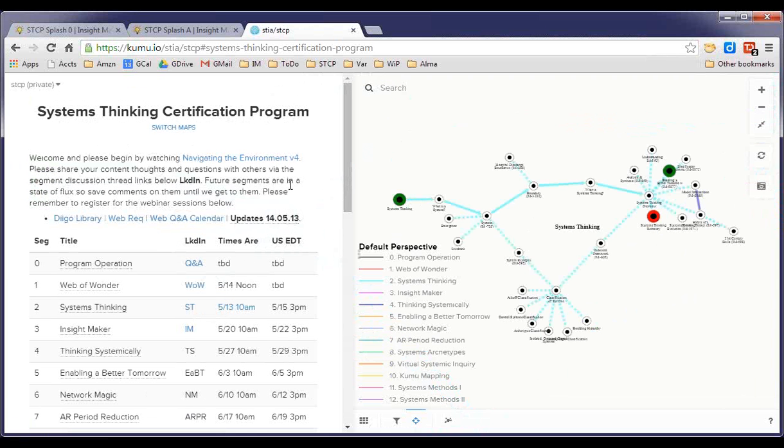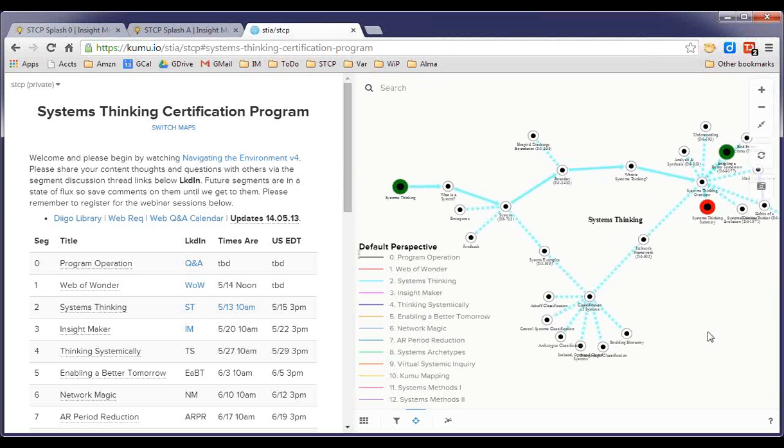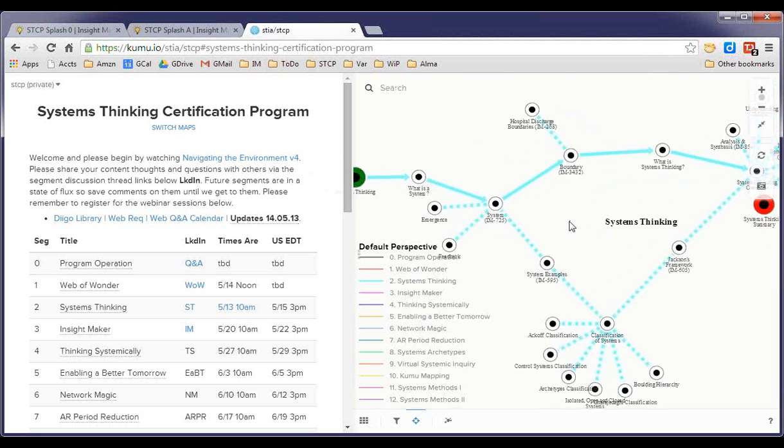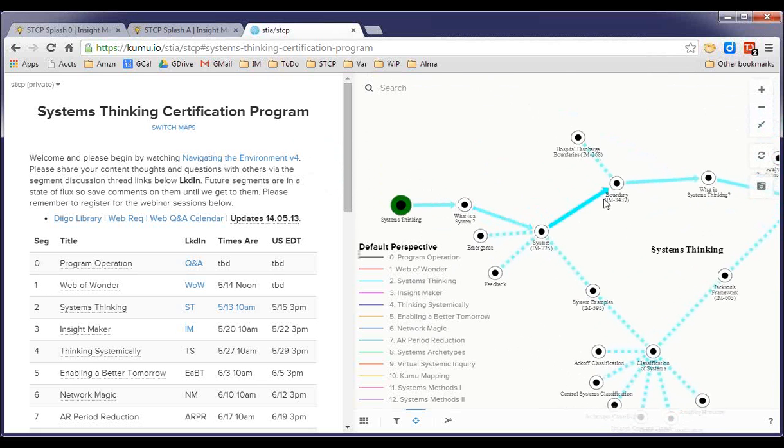In the new version of Navigating the Environment, I talked more about using the focus and the ways that you can walk through the environment, or being able to search for things if you want to. I've also added arrows on here.